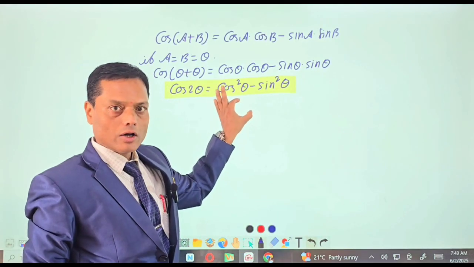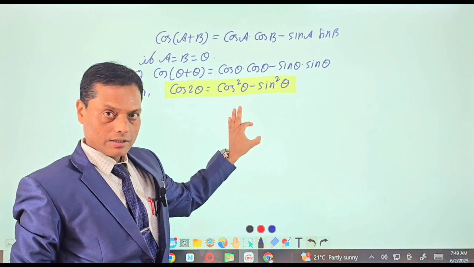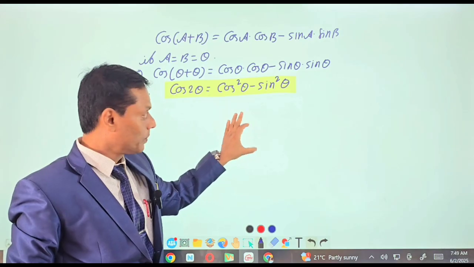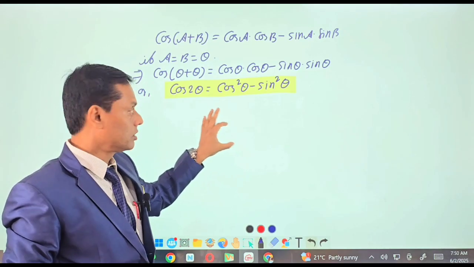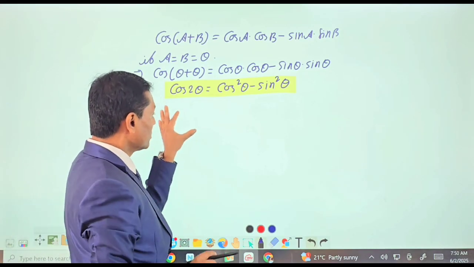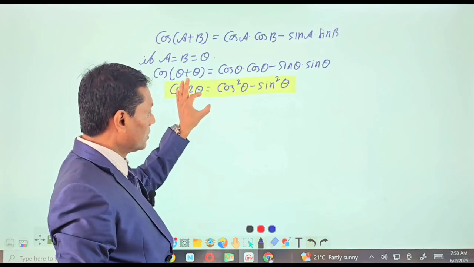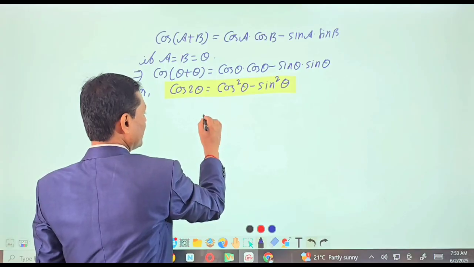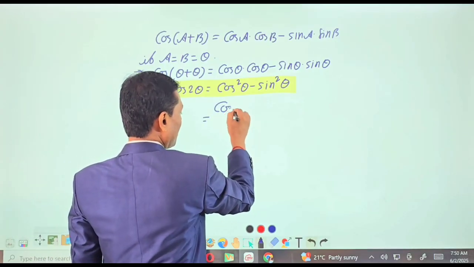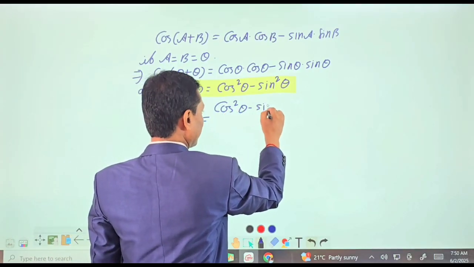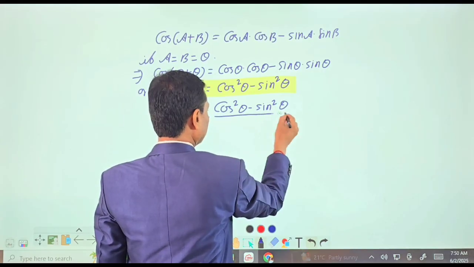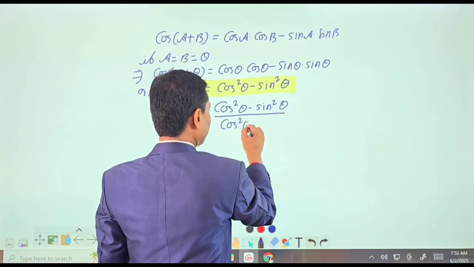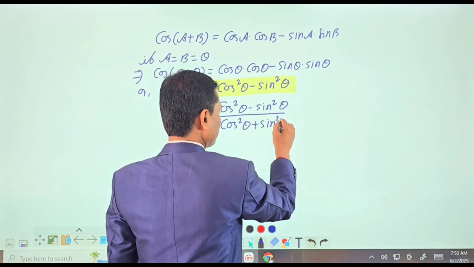Moving forward, can you divide it by cos square theta plus sin square theta? Yes, I have already shown you in the previous formula, the derivation of sin 2 theta. So here we are going to divide this by 1, that's cos square theta plus sin square theta. So we can write cos square theta minus sin square theta over cos square theta plus sin square theta.